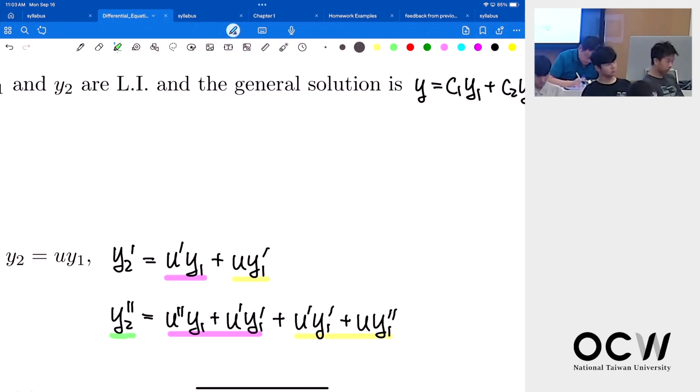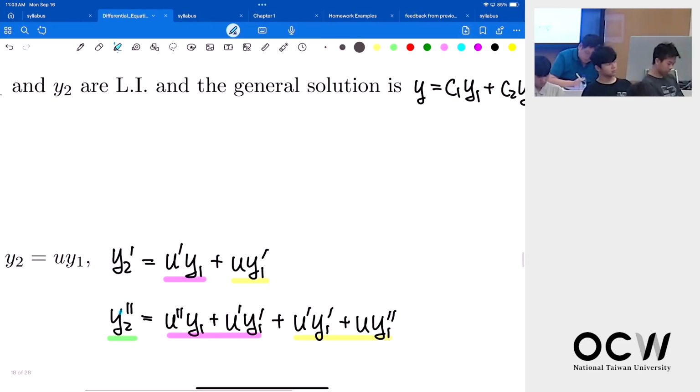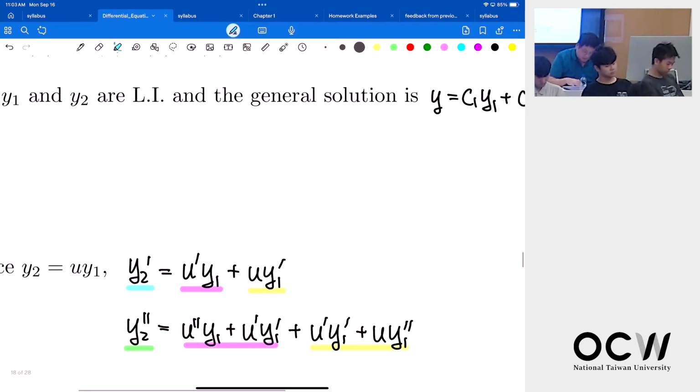So this is y2, this is y2 prime, and this is y2 double prime.